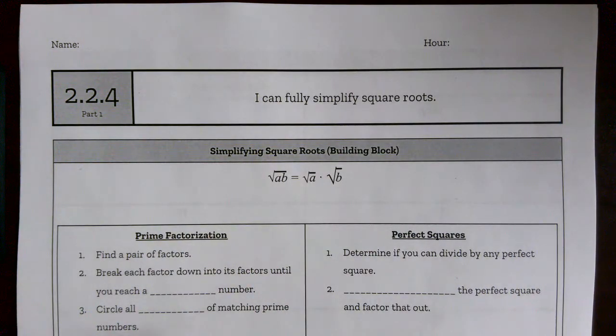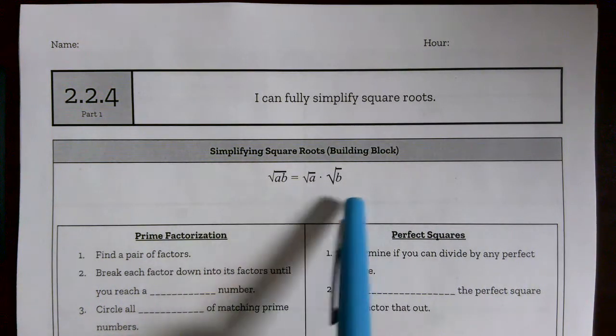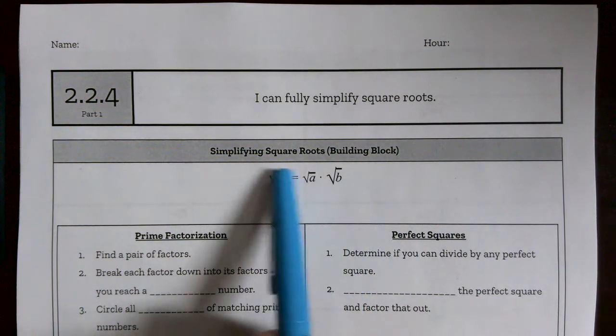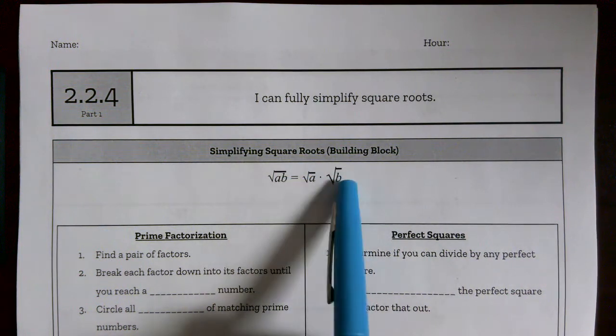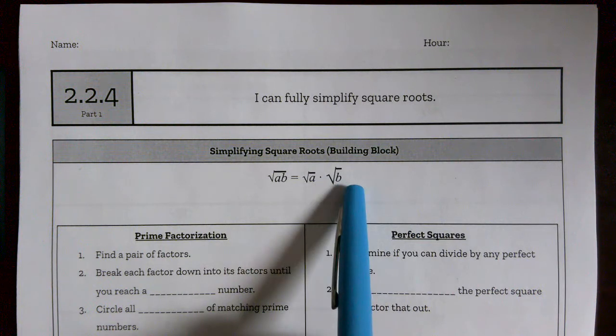So we're going to start here, and I'm going to start with this statement. The square root of any two numbers multiplied by each other, you can split them up into the square root of a times the square root of b.